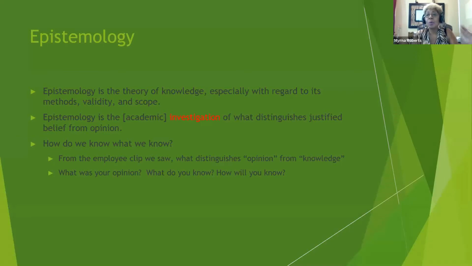How do you know what you know is true? So in the little skit, in the video, the employee, we saw some things that can distinguish the opinion from fact. So what part of that video was opinion and what part of it was fact?